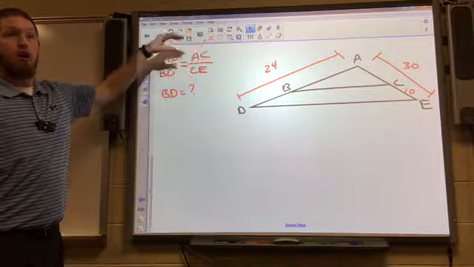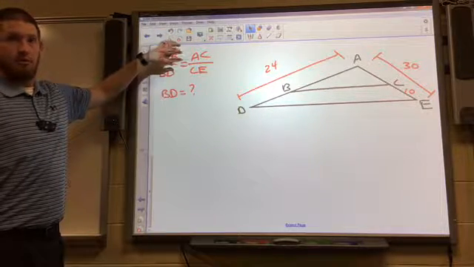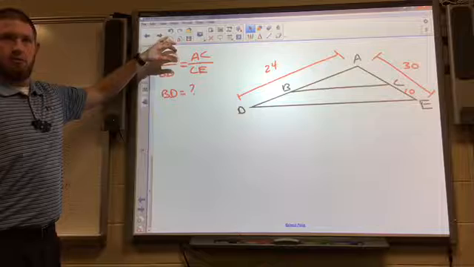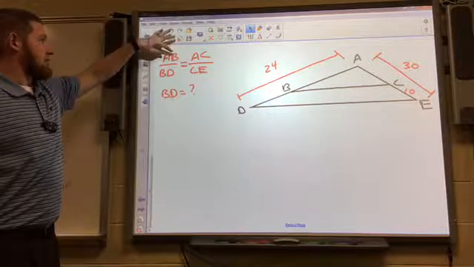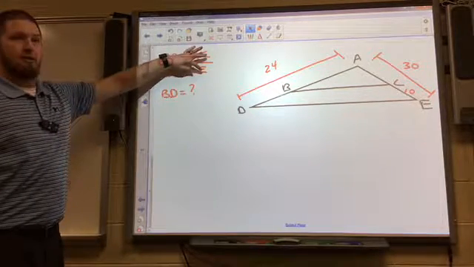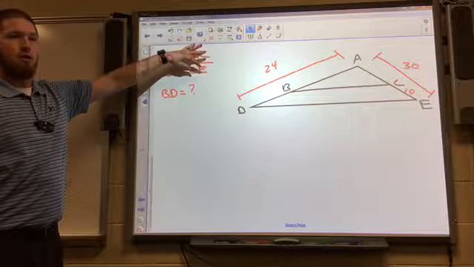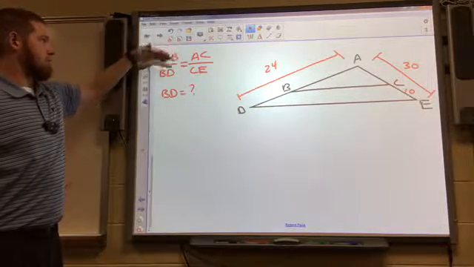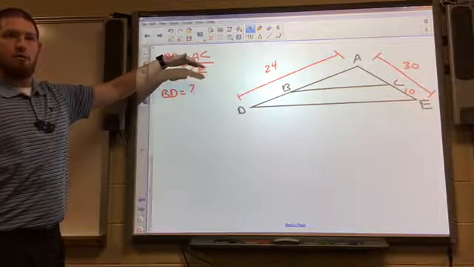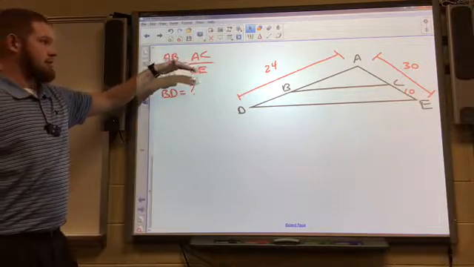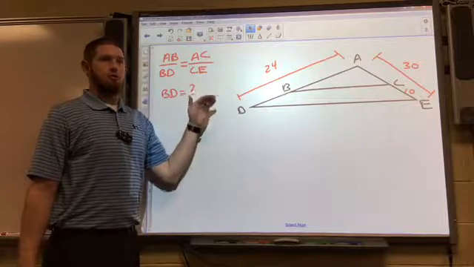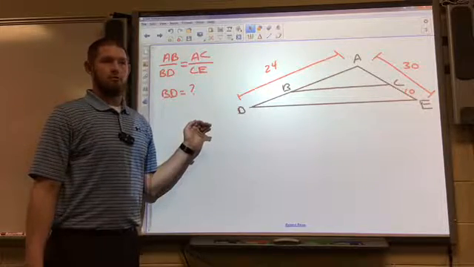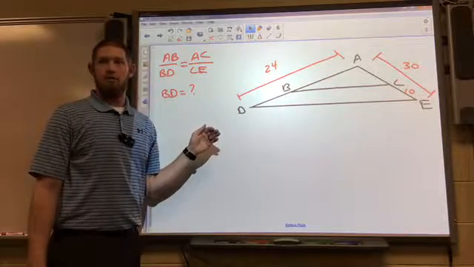Now, I will tell you, you don't have to. There's other ways to set it up. But I suggest that you set it up exactly like they tell you to, because if you do, there's no way you're going to mess this up. If you don't follow how they do it, there's a possibility that maybe you compare two things that aren't comparable. You guys get what I'm saying?